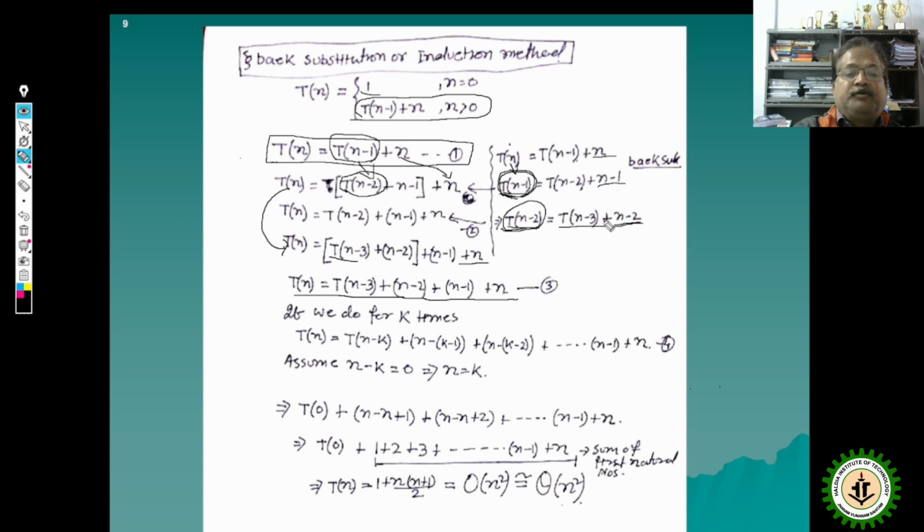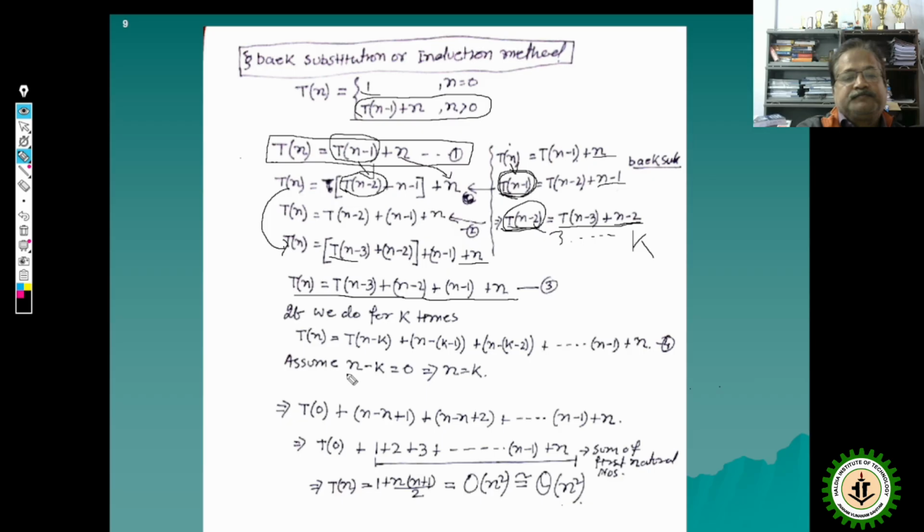If we go on, in place of 2 now it is 3, and we move on up to the kth term. What will we get? Certainly Tn is equal to Tn minus k plus n minus k plus 1 in the opposite direction, plus n minus 1 plus n, and so on, until when k is 0 we will get Tn minus 1 plus n.